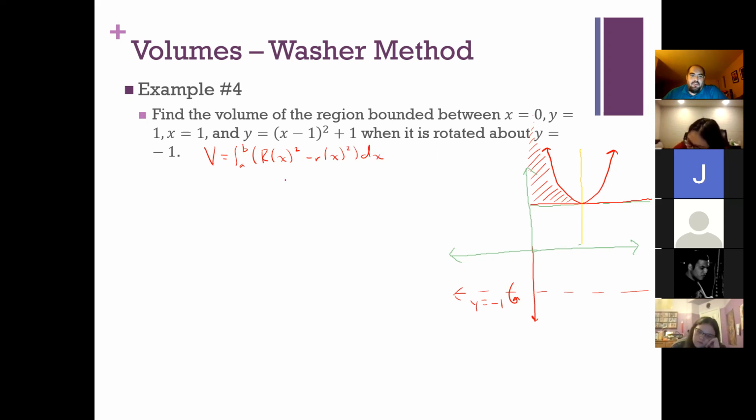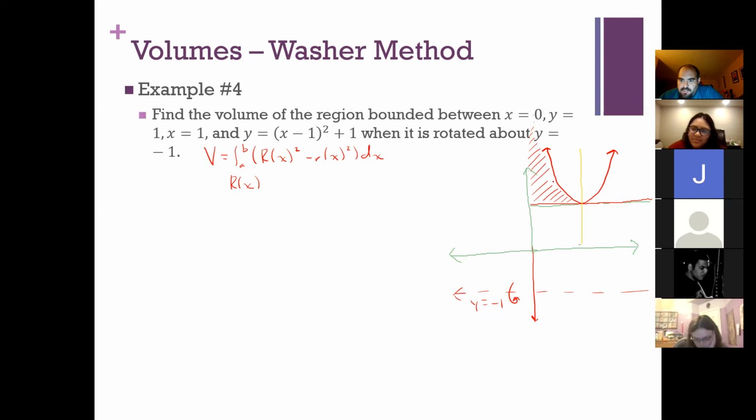So just like before, we're going to want to deal with our outer radius and our inner radius. In this case, what is our outer radius going to be? Is that going to come from the parabola, or something else? The parabola. It's going to come from the parabola, right?